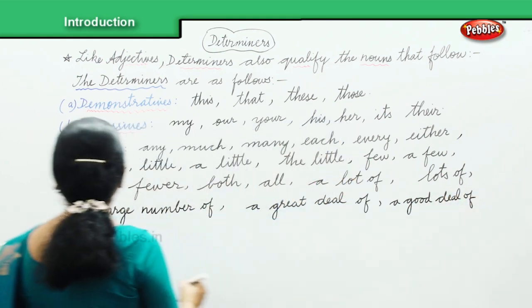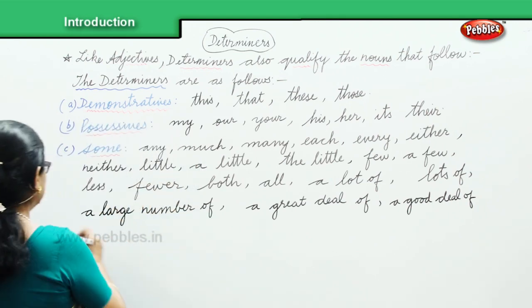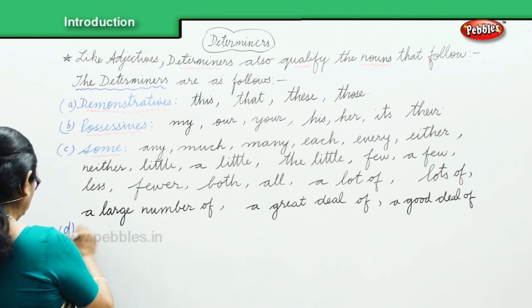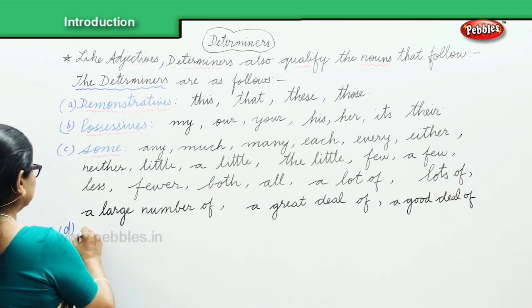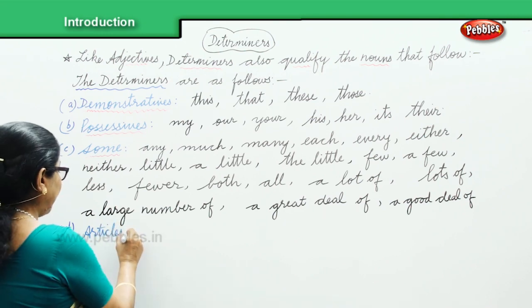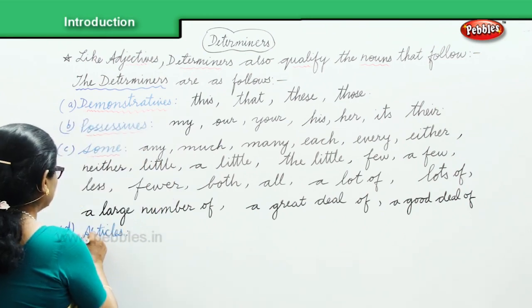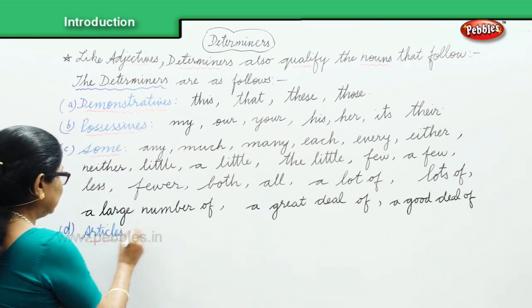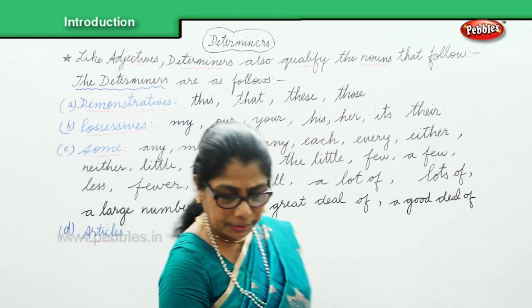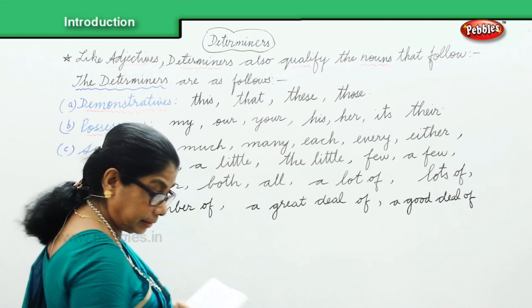And in the fourth category, that is D, articles. In the articles you have the indefinite and the definite articles.